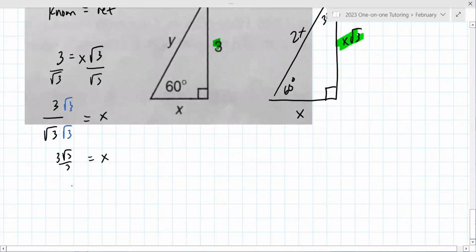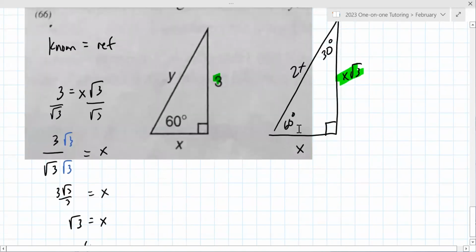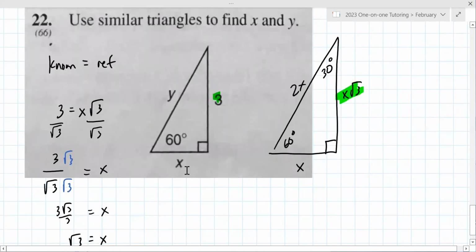Now here, just to be clear, what we have solved for is the reference x. The reference x is the short leg. It just so happens that it's the same x as over here, but that could be disguised in another problem. So when you get the x, you're getting the x of the reference triangle.